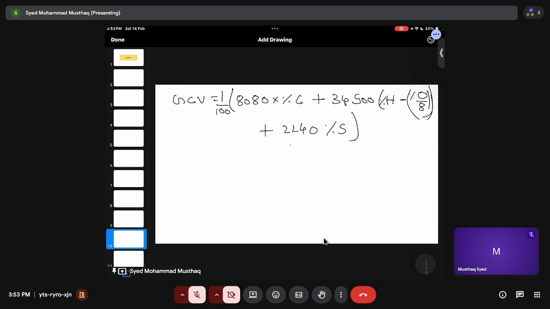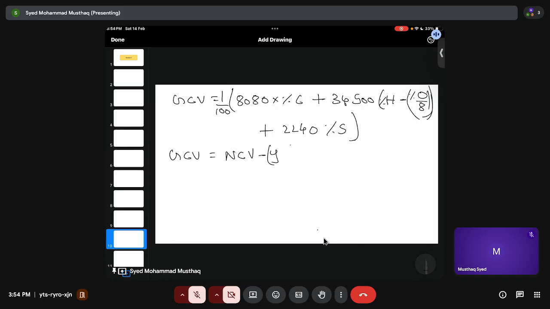So you can call it the net calorific value or lower calorific value. Why lower? Because we are subtracting some amount from this. So there is gross calorific value and there is net calorific value, which is something less.